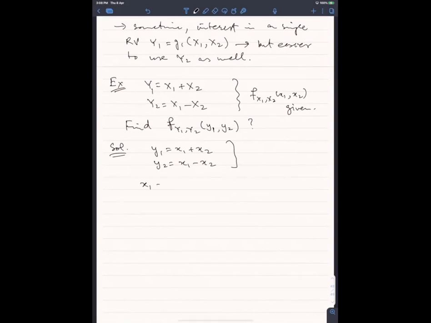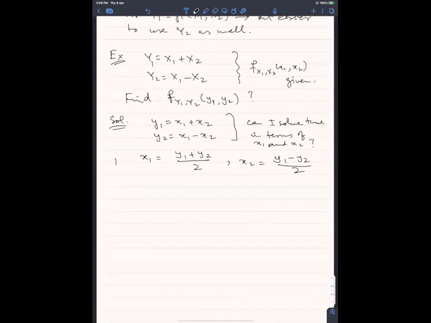So x1 would be equal to (y1 plus y2) divided by 2, and x2 will turn out to be (y1 minus y2) by 2. We have to solve these simultaneous equations for x1 and x2.